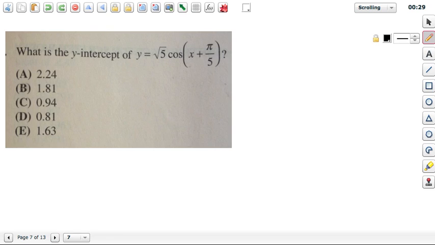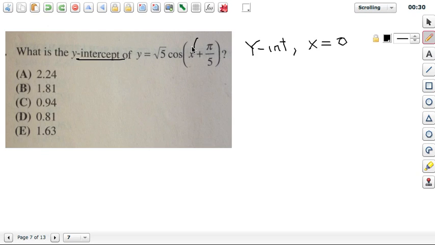Okay, pause your video and try this one. What is the y-intercept of y is equal to root 5 cos of x plus pi over 5? I'm hoping you didn't make your life very difficult here. You know from your basic algebra that the y-intercept is when x is equal to 0.